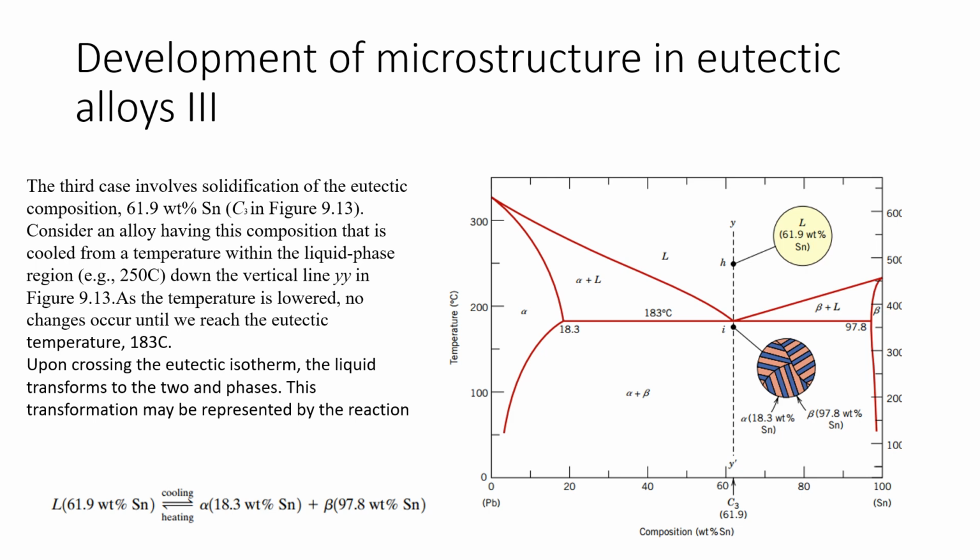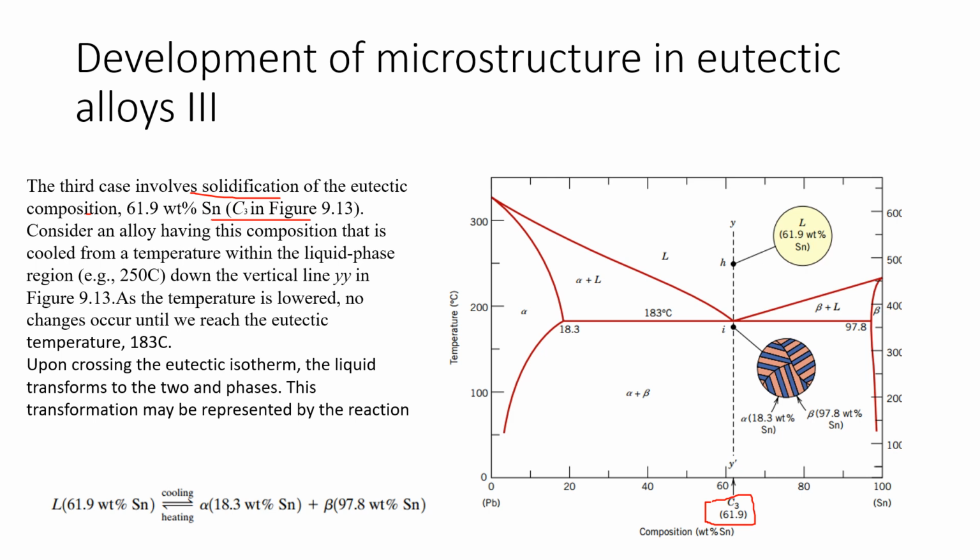Now we will discuss the third example for the development of microstructure in eutectic alloys. The third case involves the solidification of the eutectic composition, which is 61.9% tin, C3, located by C3 in the figure over here.